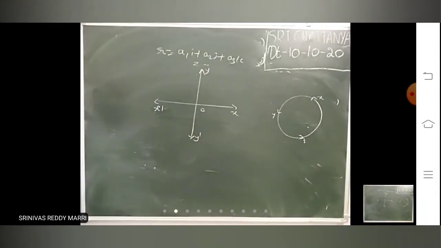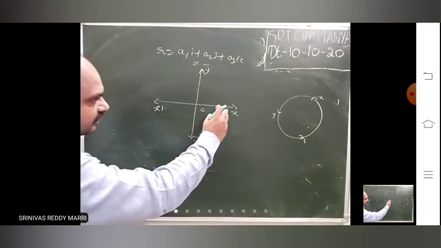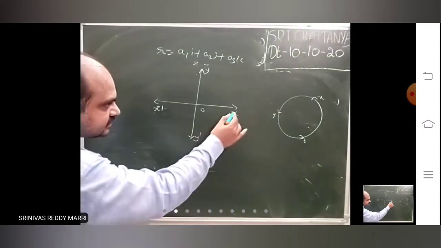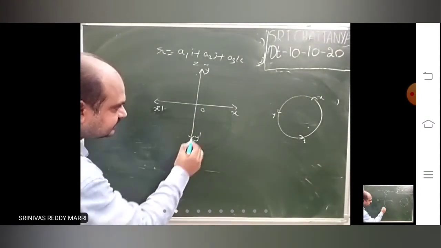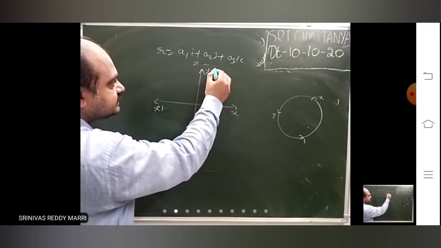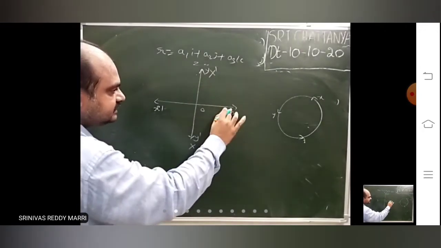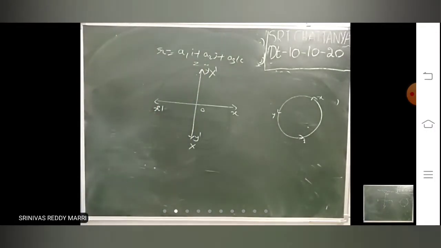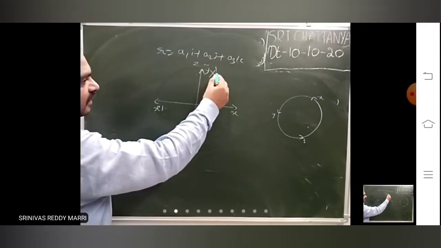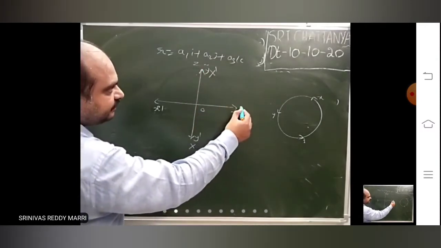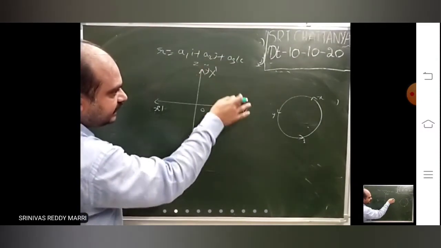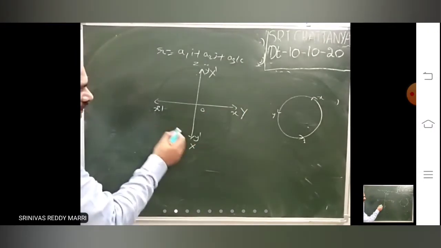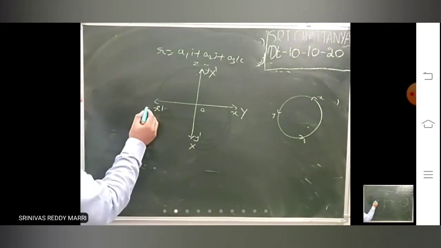XY plane is this. So, now axes are rotated in clockwise. That means this will be the new x-axis, capital O X dash. So this is rotated. This will come here. Similarly, y-axis clockwise means this will become capital Y. This will be rotated like this.